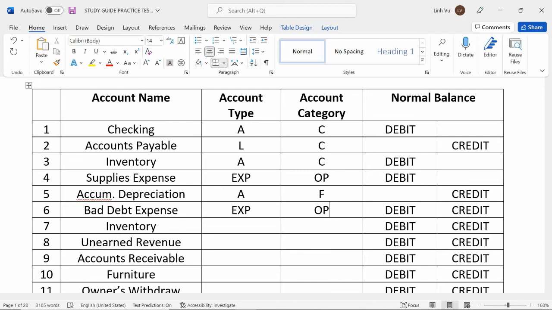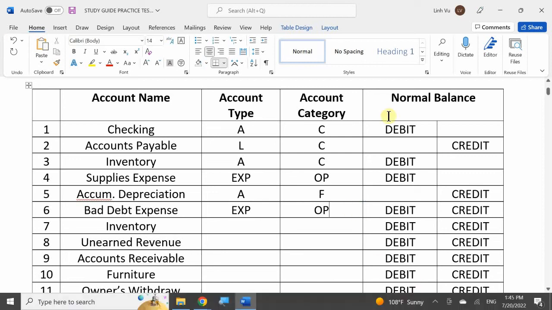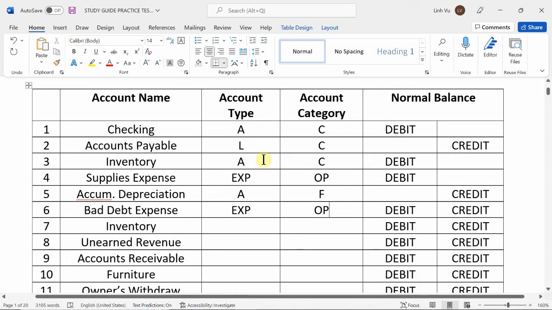What causes bad debt? From your accounts receivable. So in this case, which is your main core of operations. Good. So it is definitely going to be an operating expense.